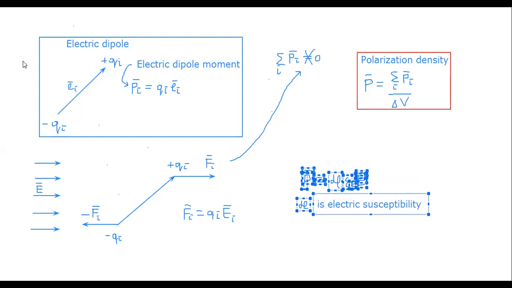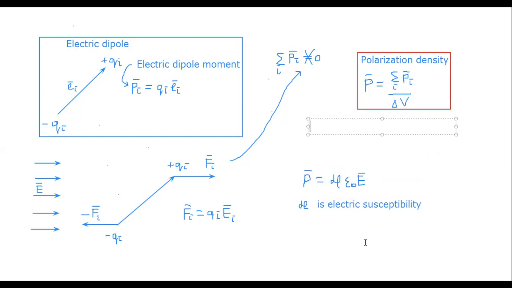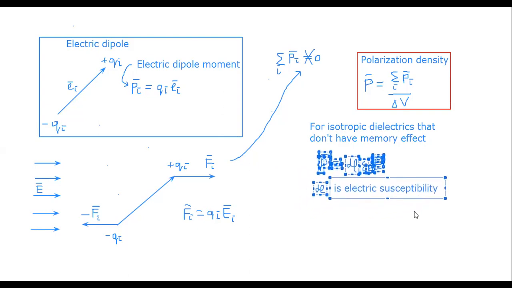For isotropic dielectrics that don't have memory effect, we can use this simple formula.